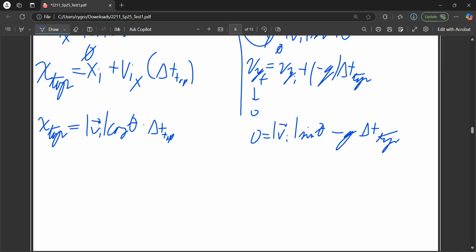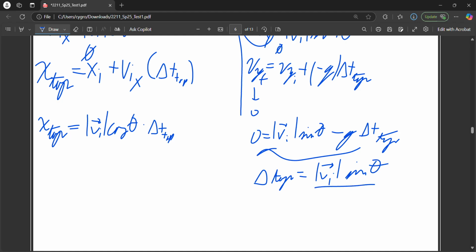Okay, now we have some stuff to work with. We can find out our change in t top using this equation. We can move t top to this side, getting rid of that negative sign, and then divide by g. And so we can find that the change in t top is equal to velocity initial times sine of theta over g.